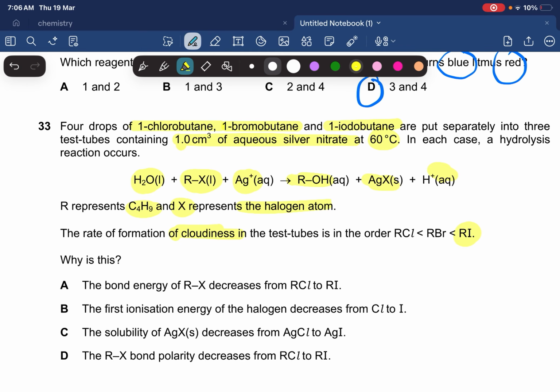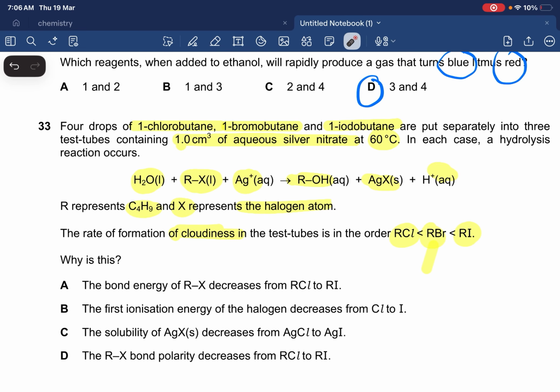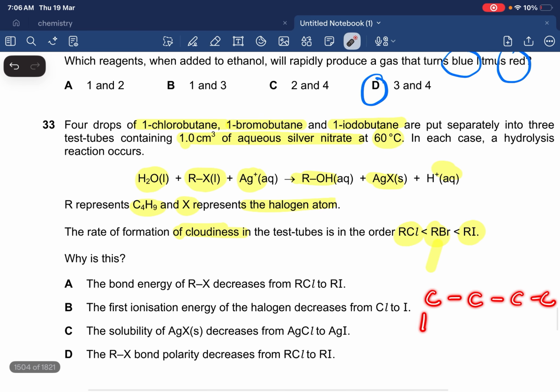Firstly, iodine is going to form in the lowest amount of time, then bromide, and then chloride. Why is this? Because C4H9 means there are 4 carbon atoms and then there is 1 halogen connected to it. So iodine is going to break this bond faster, so it gets relieved faster from the carbon.